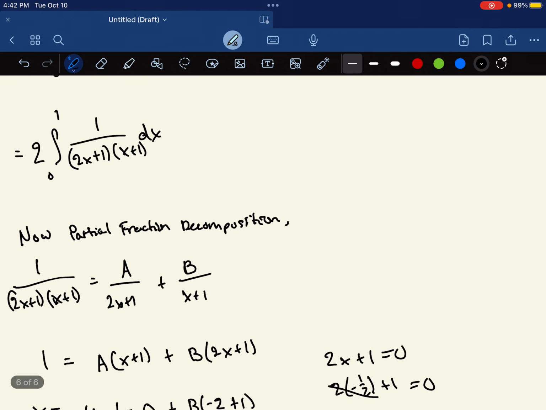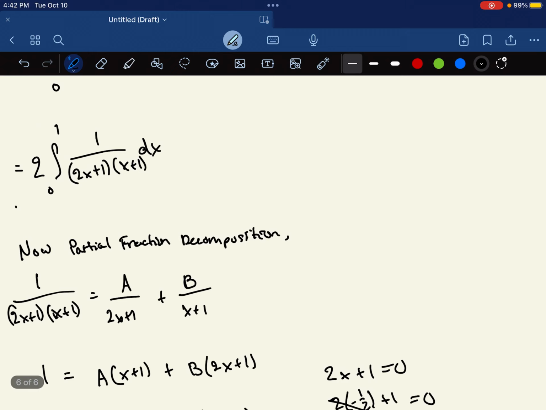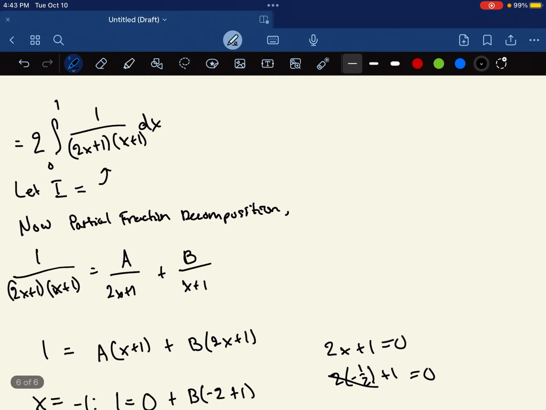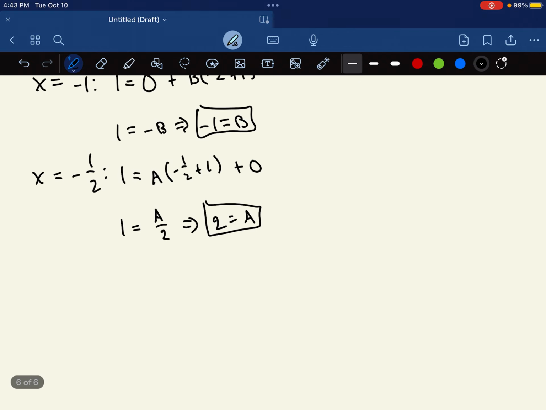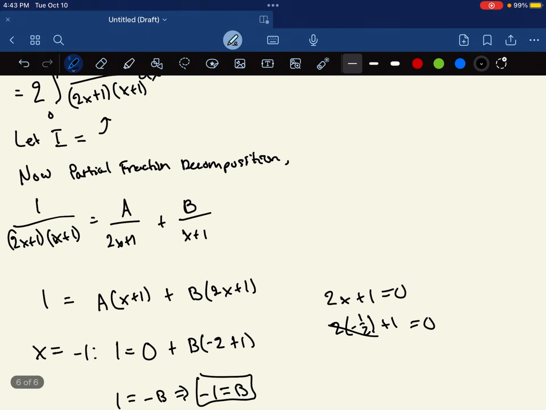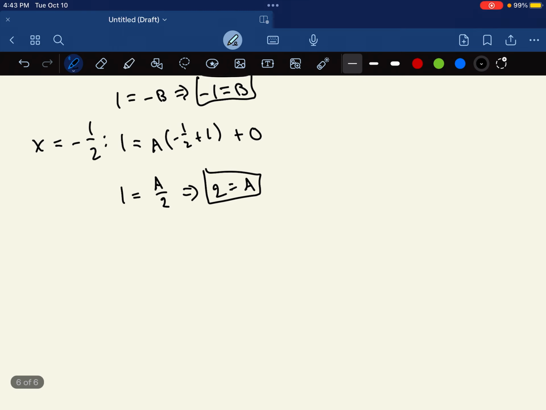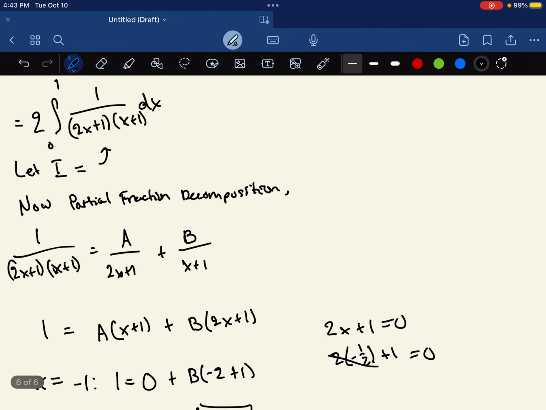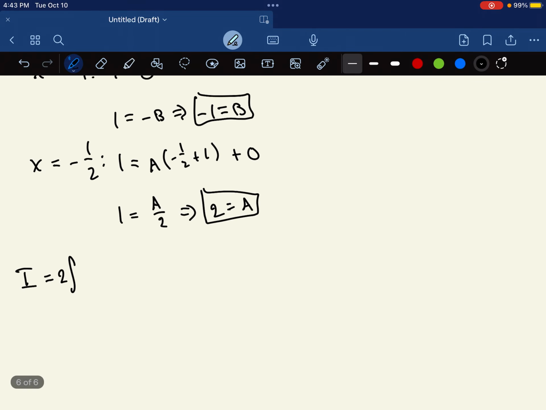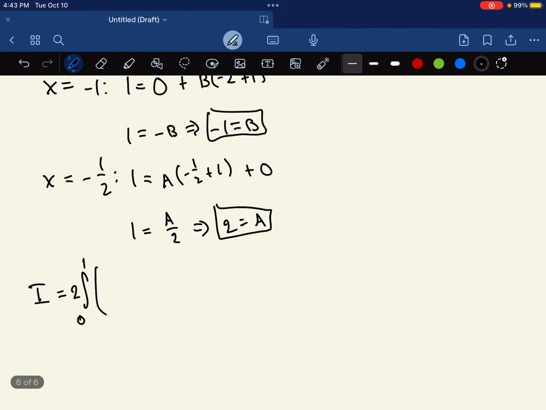Now, oh, here, let's write this up here. Let I equal this. Now, substituting back in, we can say that I equals 2, don't forget the 2, times the integral from 0 to 1 of A over 2x plus 1.